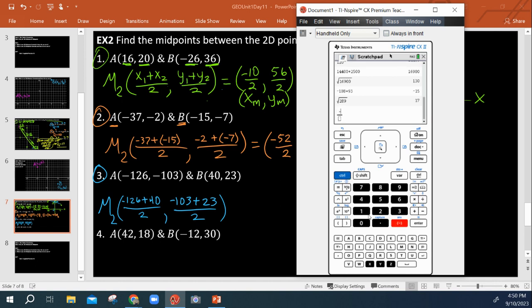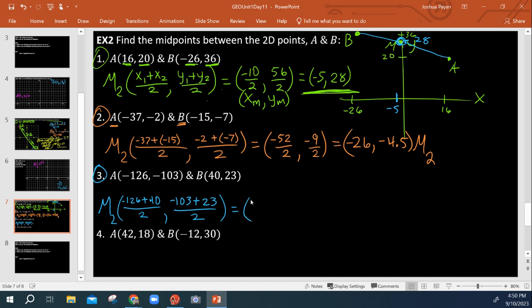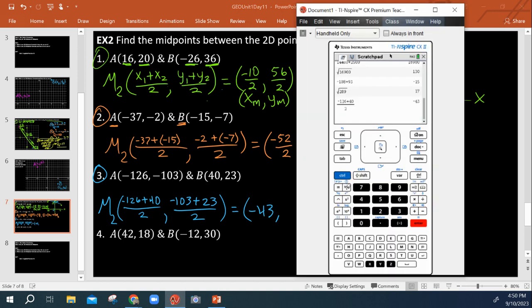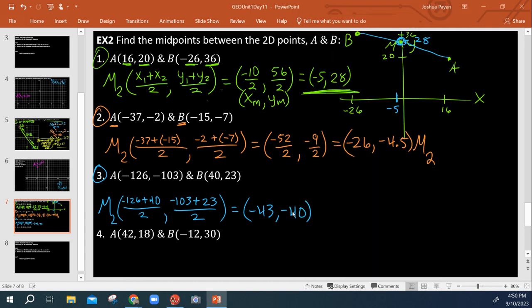That's going to be negative 126 plus 40, all of that over 2. So my x midpoint is simply negative 43, right? And then my y midpoint, I do the same thing, Control Divide to make a big fraction, negative 103 plus 23, all of that over 2. And my y midpoint is simply negative 40.